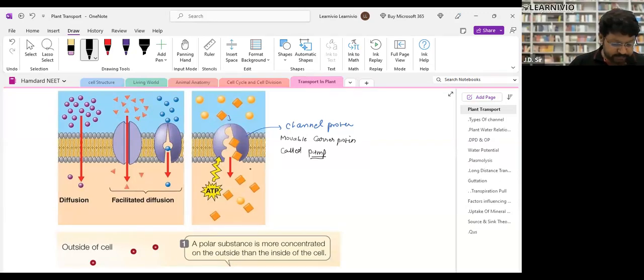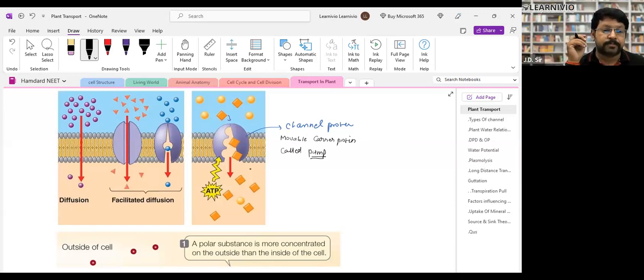They employ ATP energy for transport across the membrane. Full stop. It is uphill transport.